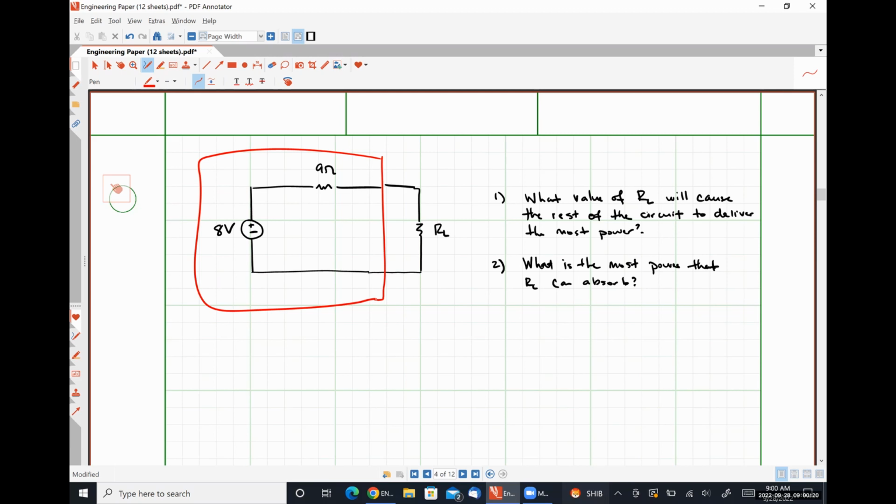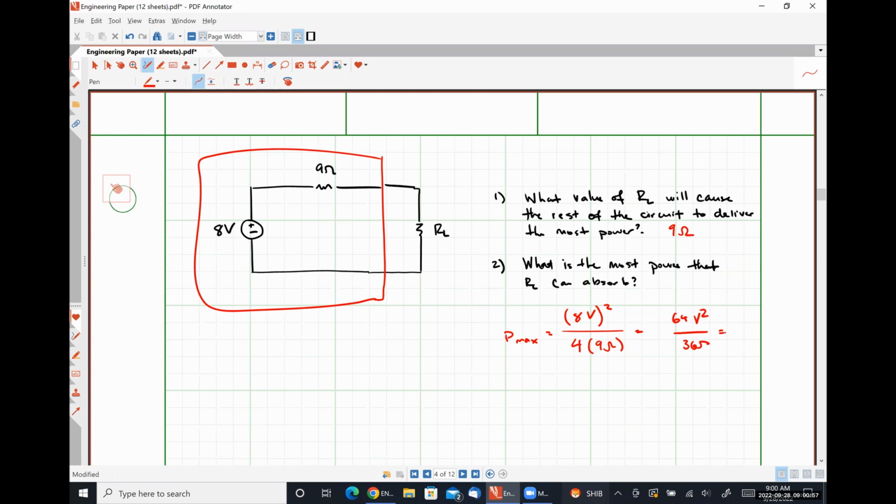9 ohms. What is the maximum power that RL can absorb? So what's V squared here? So 8 volts squared over 4 times 9 ohms is equal to P max. 64 volts squared over 36 ohms.